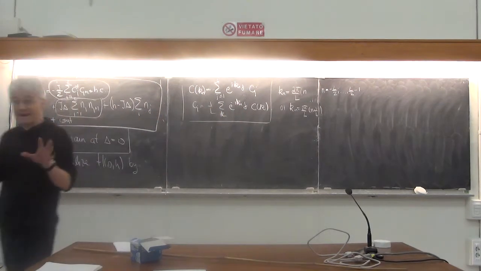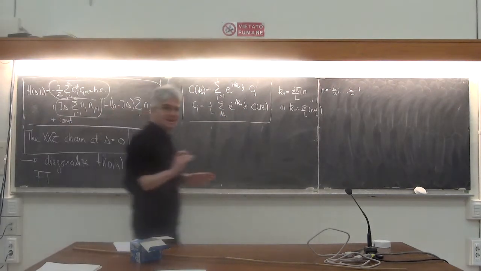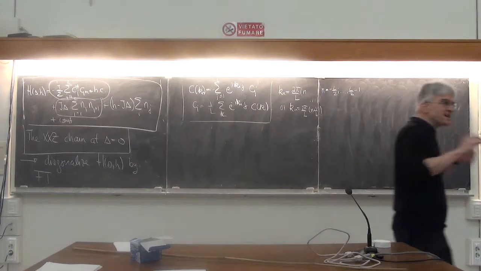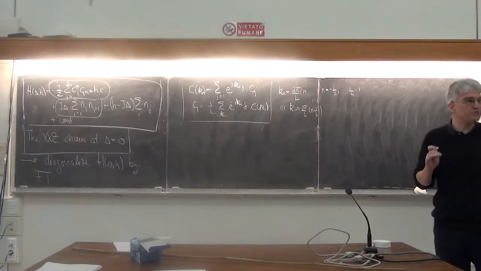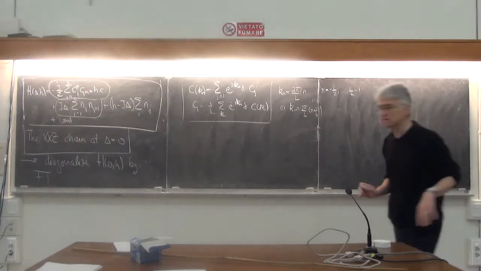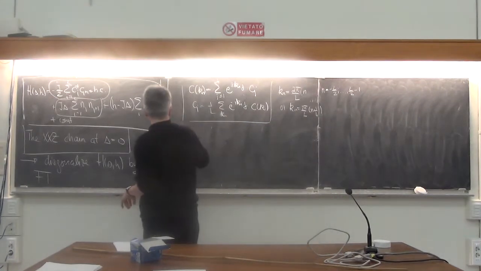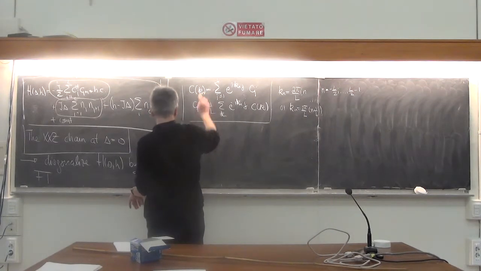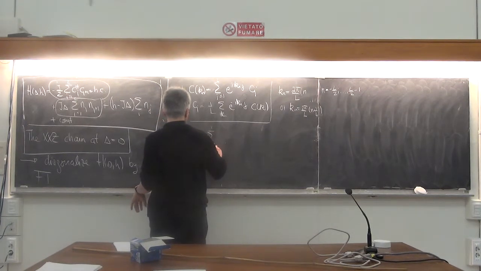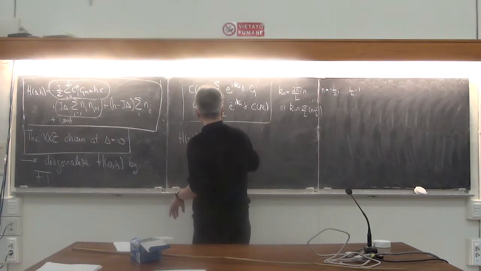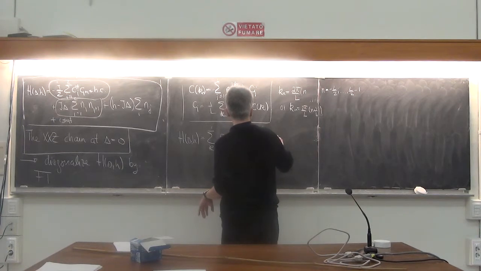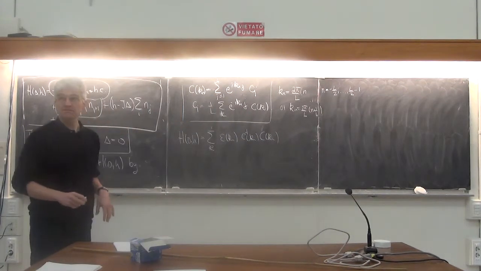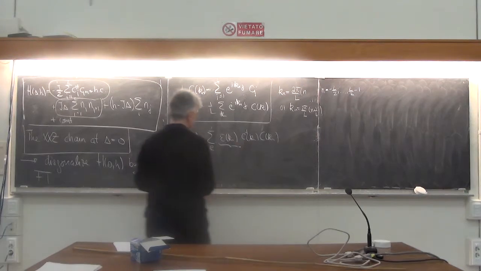Okay, so what you have to keep in mind now throughout, things are easy, but things are only easy if you stay in a given sector, either even fermion number or odd fermion number. Then you can just work it through. Okay, so the Hamiltonian, in terms of the Fourier modes, simply becomes the sum over k_n of epsilon of k_n, C dagger of k_n, C of k_n, where epsilon of k_n is my single particle dispersion.